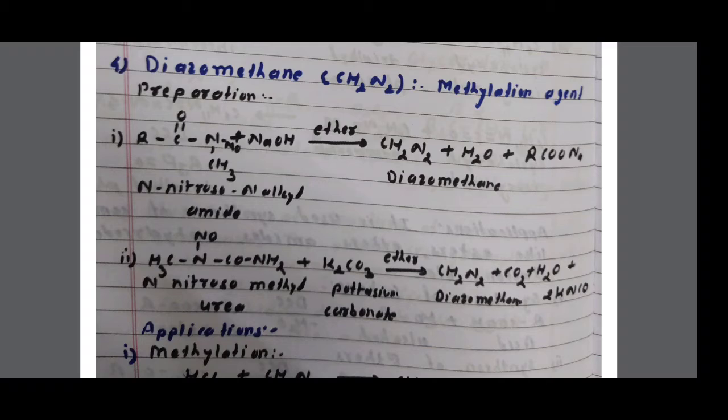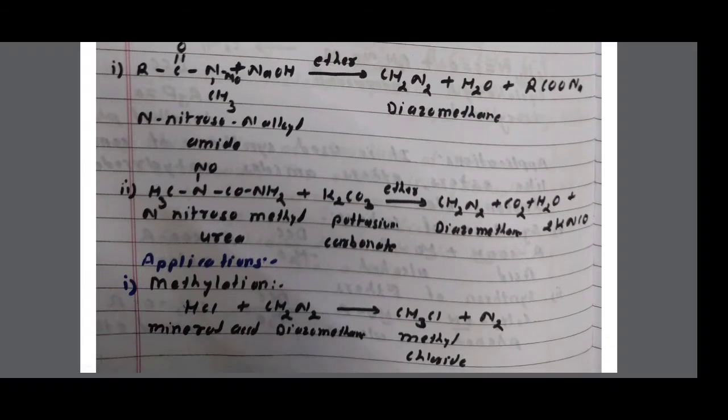Diazomethane is a highly reactive, yellow, toxic gas, often explosive. So often it is synthesized in situ by adding potassium carbonate. I am showing here the second reaction: potassium carbonate added to the alcoholic solution of N-nitroso-methyl urea.